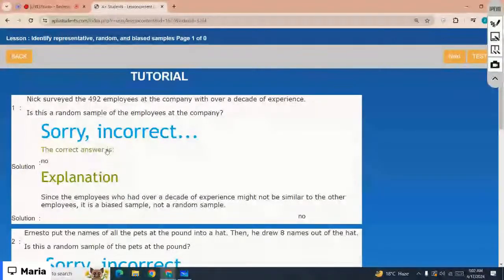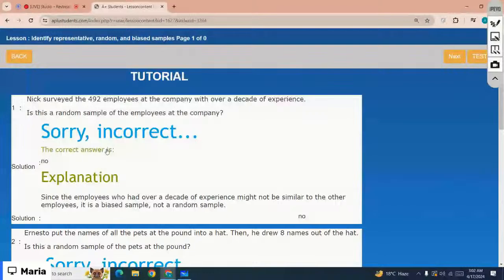Okay, the first example is: Nick surveyed the 492 employees at the company with over a decade of experience. Is this a random sample of the employees at the company? So, which is the correct option?